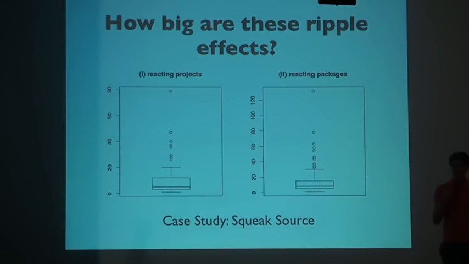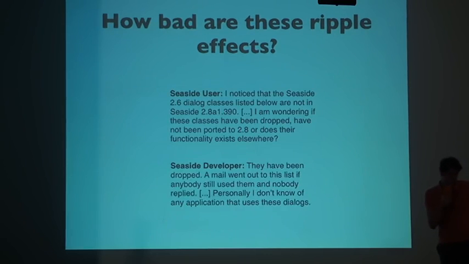Actually, we were hoping that we would discover that this is a really, really big problem and we need to address it. And it's not an amazingly big problem. I mean, the effects are quite scoped for what we are looking at, at least.